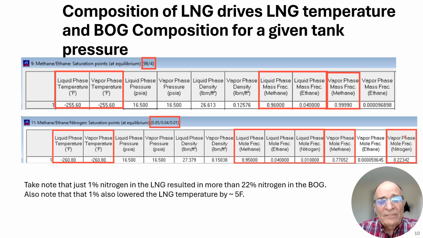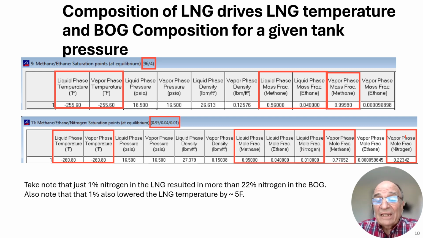Let's take a look at a different composition. Now we're looking at 95% methane, 4% ethane, 1% nitrogen, nitrogen with an N. And if we look at it here, it shows here's our 95% methane, 4% ethane, 1% nitrogen. What do we have in the boil off?